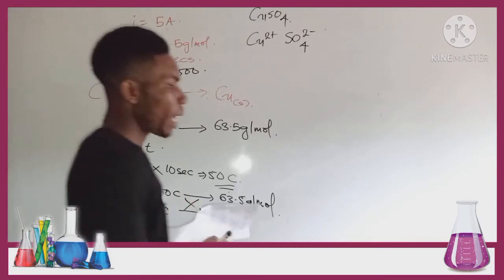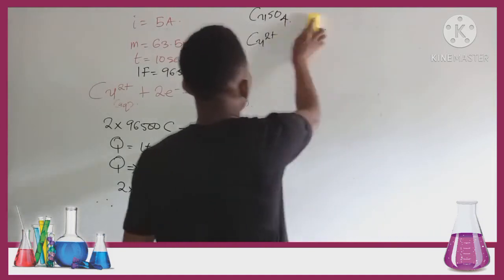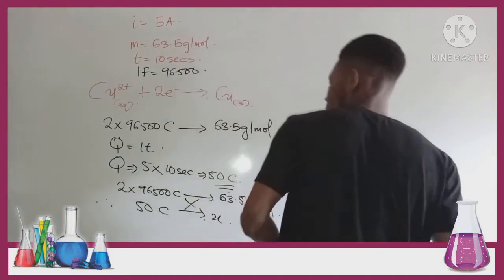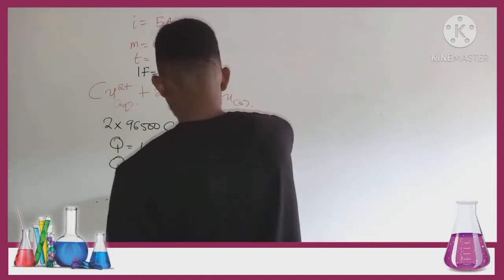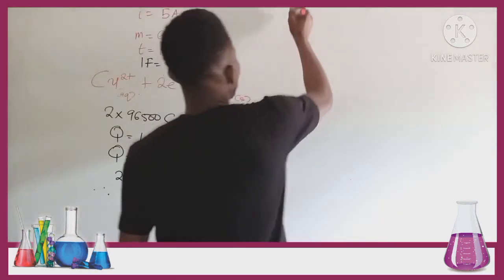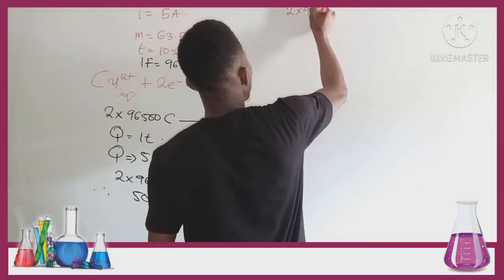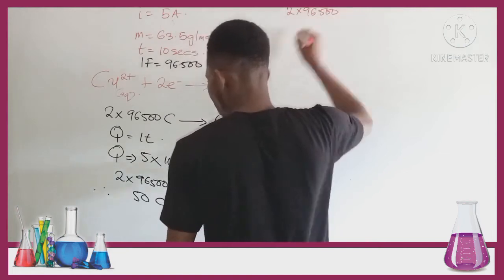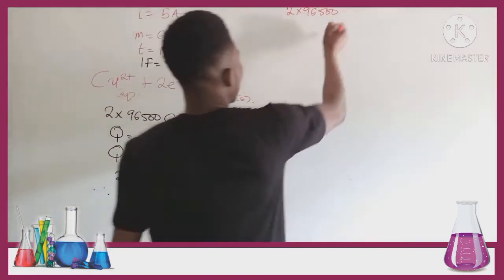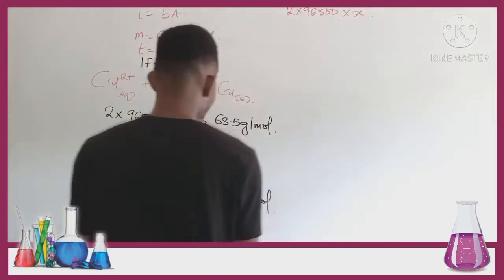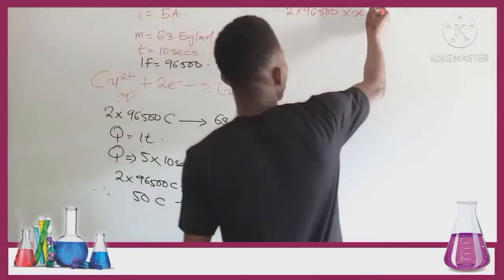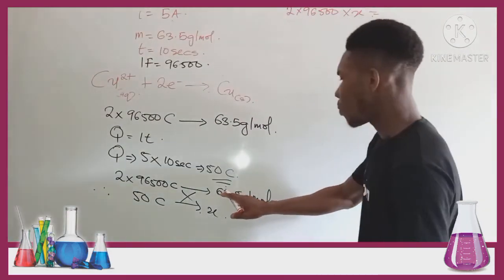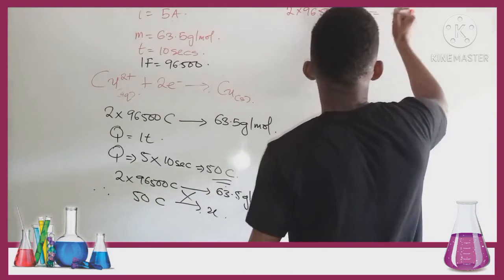Now, if you cross multiply, what are you going to get? You're going to get 2 times 96500, which is this times this, times our x, which is this, is equal to 63.5 times 50.